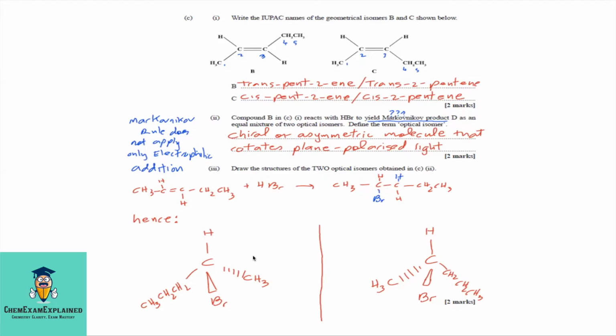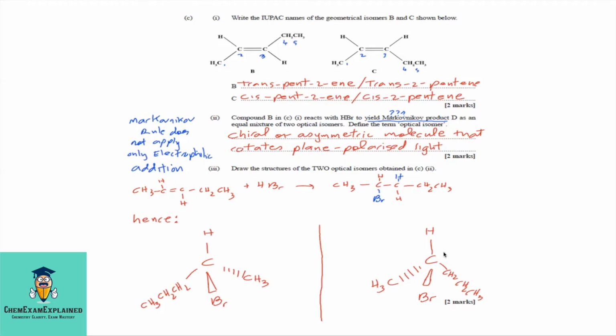Now my carbon, that is the one with 4 different groups attached to it, I am going to draw my mirror image, because the 2 isomers are mirror images of each other. And so you'll notice that this carbon here is a carbon with 4 different groups attached to it. 1, 2, 3, 4. And so I write the mirror images.